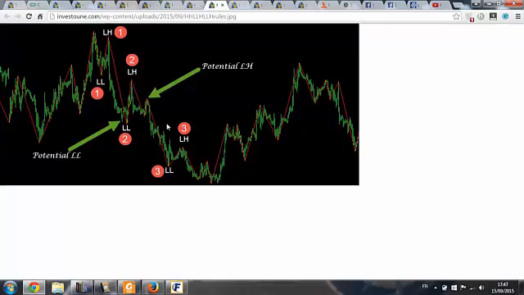So if you are in this situation, you must define the next bottom as the new lower lower. This is also a potential lower lower, but we haven't really got an impulsive down move that confirms it, so we're not going to consider this as a lower high.